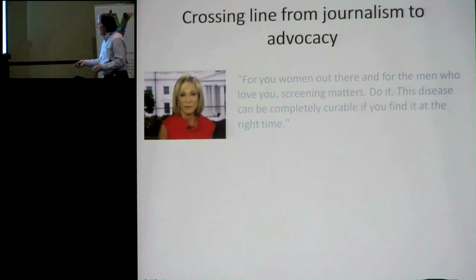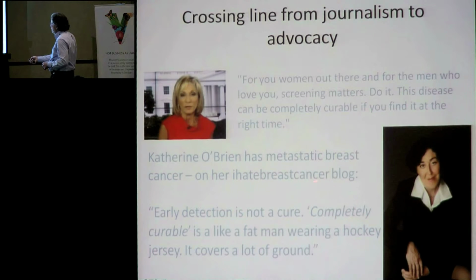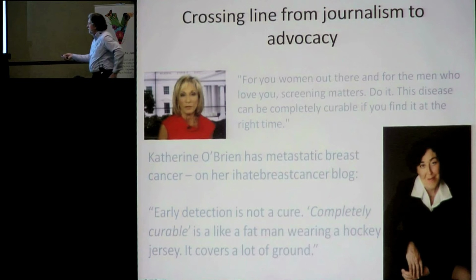And so one of the most active, this woman who runs a blog called I Hate Breast Cancer blog, wrote, early detection is not a cure. Completely curable is like a fat man wearing a hockey jersey. It covers a lot of ground. So, the breast cancer community reacted strongly to what they felt was the overstatement of benefit from this reporter in this case.